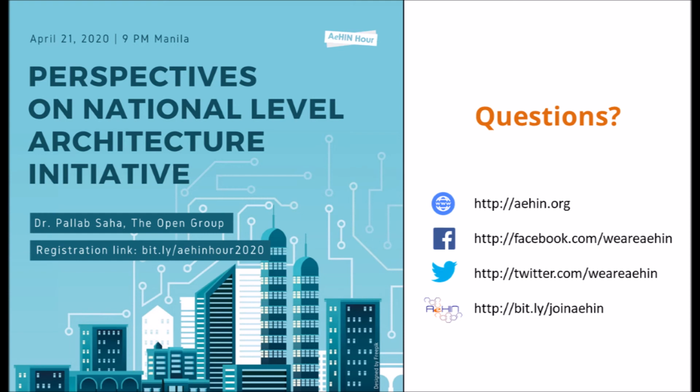Other than that, the motivation was, of course, looking for interoperability. I wouldn't use the word elimination, but minimization of silos that exist across the ministries, and replication of efforts that are going on. So you go to the states and territories, and everybody starts to build, for instance, a data center when it could well be a national data center where each state can have its own space, and so on and so forth.